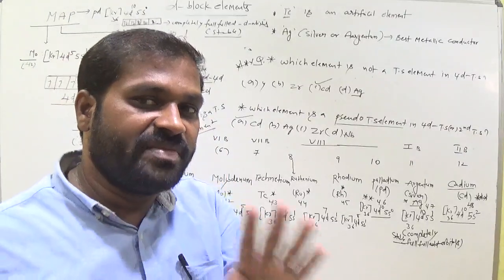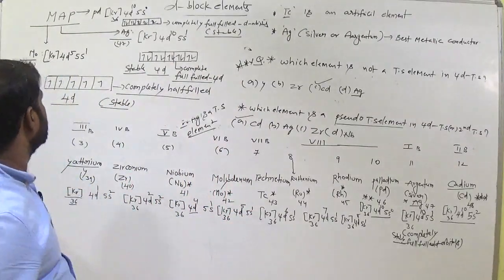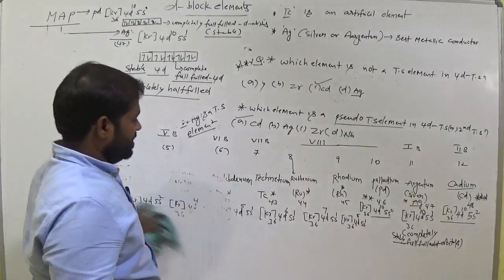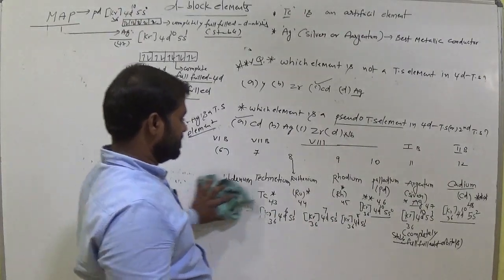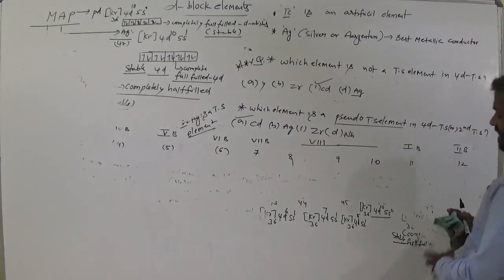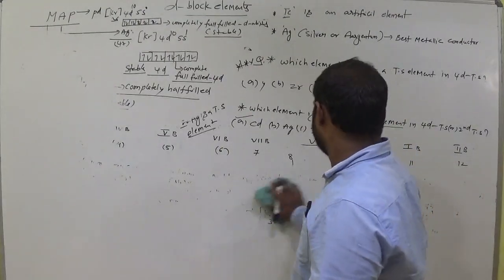It is not a transition element, but silver acts as a transition element like copper. Okay, clear. Mark TC means technetium. Remember this. That is the short trick: Y, Zr, Nb, Mo, Tc, Ru, Rh, Pd, Ag, Cd. You have to remember like that.